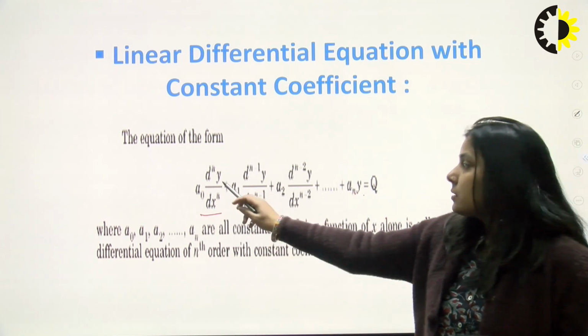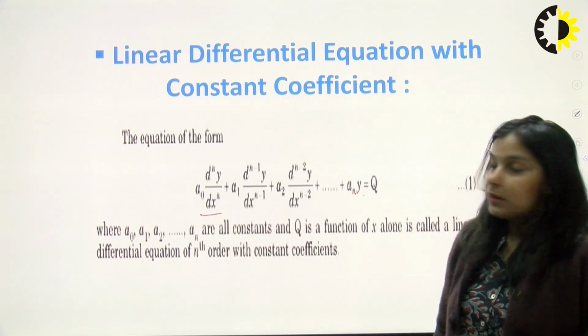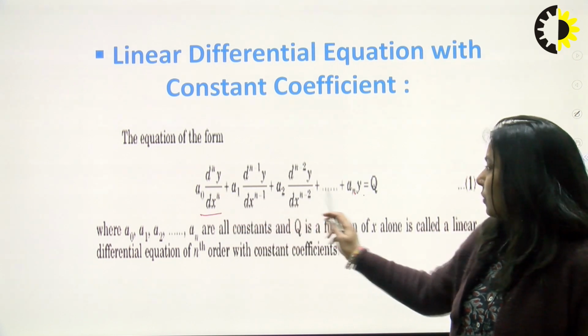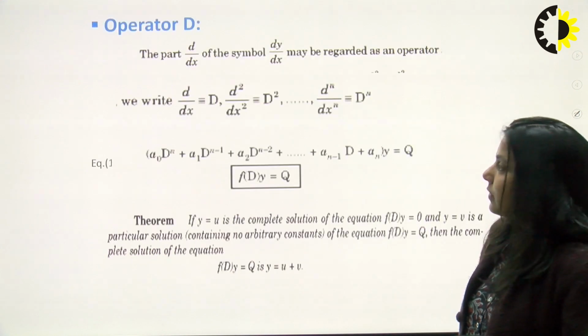Here y is the dependent variable which depends on the independent variable x, and a0, a1, a2 up to an are all constants, and q is a function of x only.